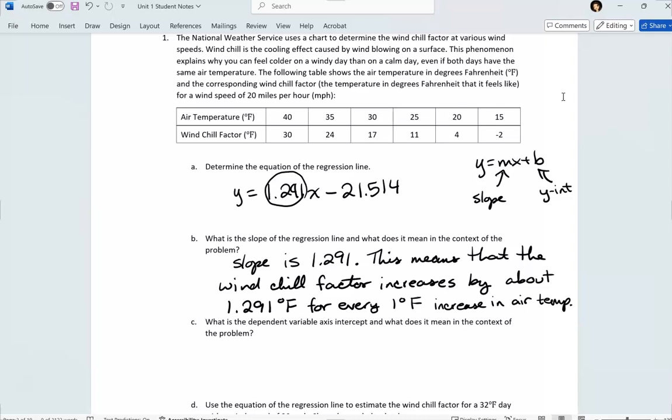Okay, so as your air gets colder, the wind chill factor gets even colder faster because 1.291 is bigger than just 1.